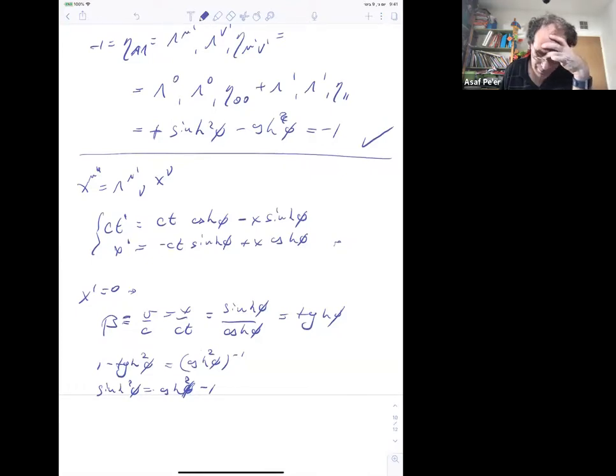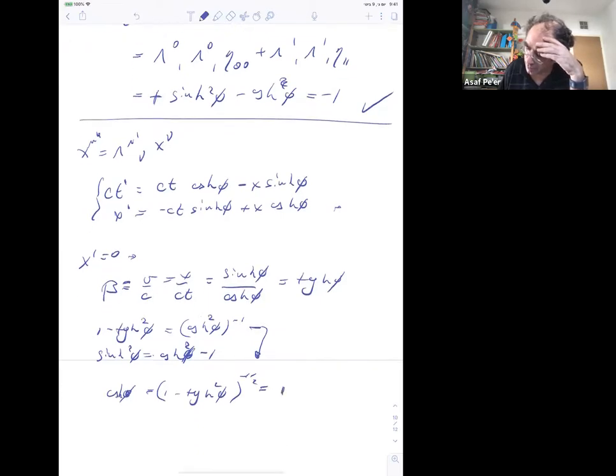From this one here, we have that cosine hyperbolicus of phi is just 1 minus tangent hyperbolicus of phi squared to the power minus 1/2, which is 1 minus beta squared to the power minus 1/2, which I call gamma. This is a definition, right?